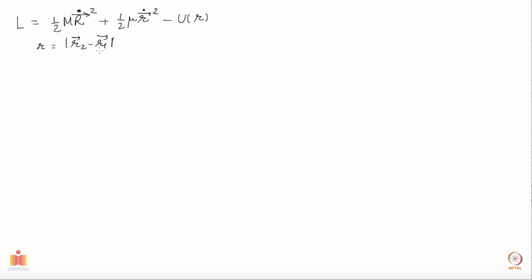Okay, that is good, and it's nice because you see the coordinate capital R, the center of mass coordinate, is a cyclic coordinate, which is what you expected. This is nice because now I can immediately solve the equation of motion for capital R, and I know what I will get.